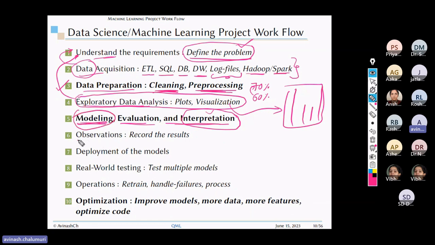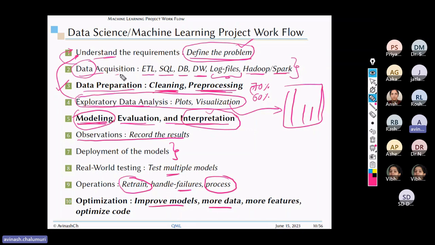Next, we observe and record the results. Then we deploy the models in real time to test them. Once we test and deploy, you'll be able to understand in what cases the model fails. Then you again retrain the model and change your process of training. You improve the models and collect more data.